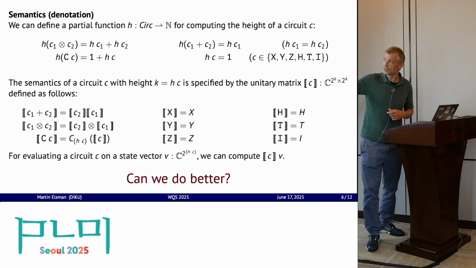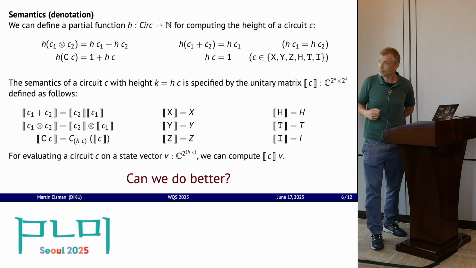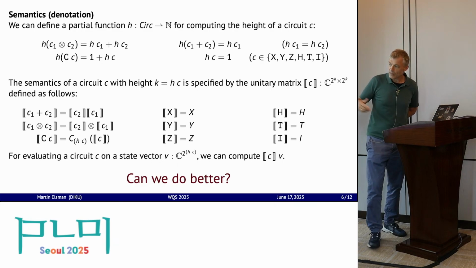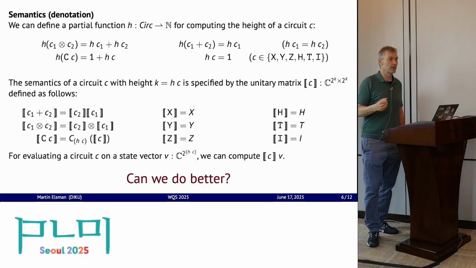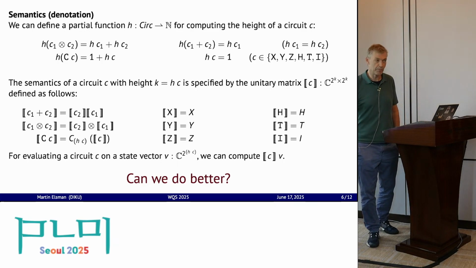So we see here that the semantics of some circuit C with a height K will be specified by this unitary matrix, which is of size 2^K times 2^K. And of course, we can compute the semantics of applying a circuit to some input vector by just doing matrix-vector multiplication.